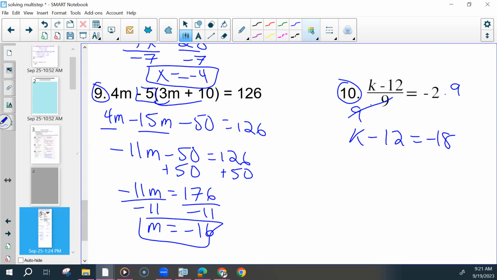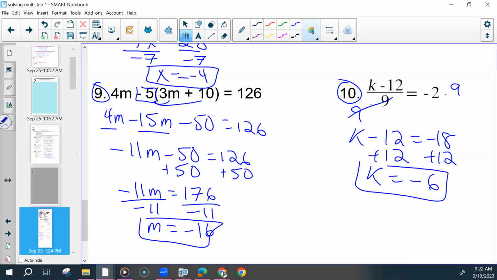And then -6 minus 12 is -18. -18 divided by 9 is -15. That way.